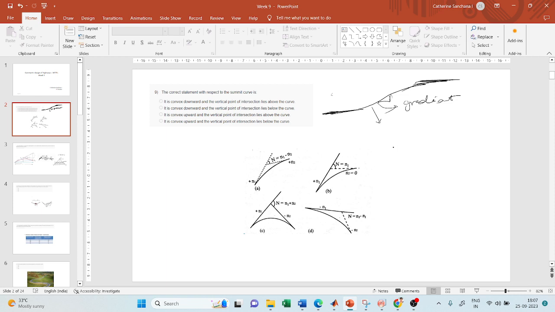There's one more gradient where you connect from the upper to the lower level. Based on the gradient, we will see the types of curve for vertical alignment. One is summit curve and one is valley curve.